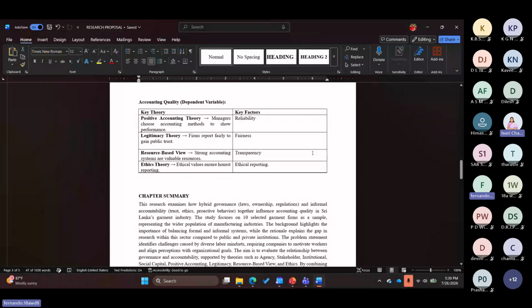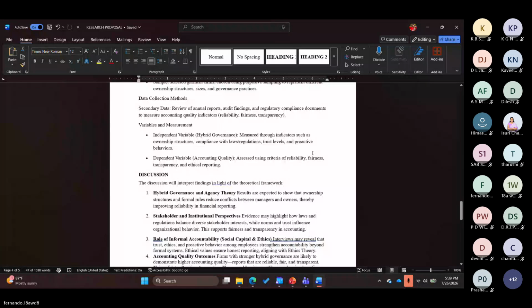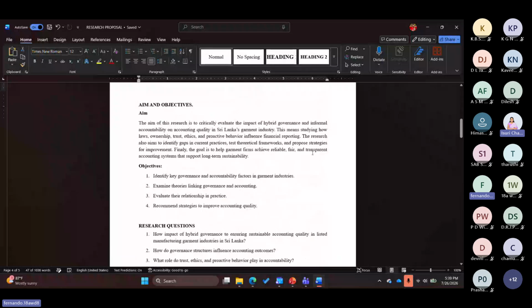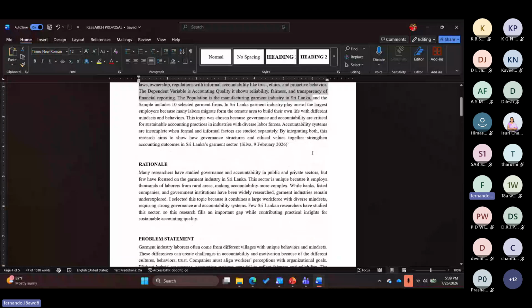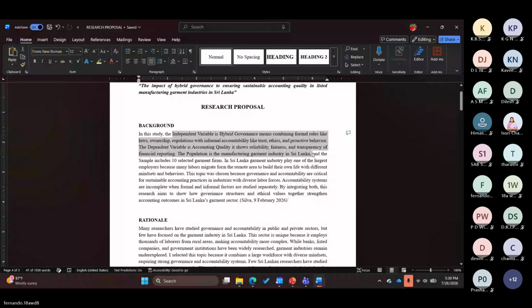How many independent variables do you have? The independent variable is hybrid governance. It means the combined formal rules like laws, ownership regulations. Basically, your main independent is the hybrid governance, no? How are you measuring the hybrid governance?